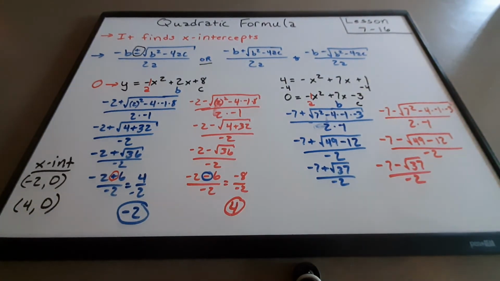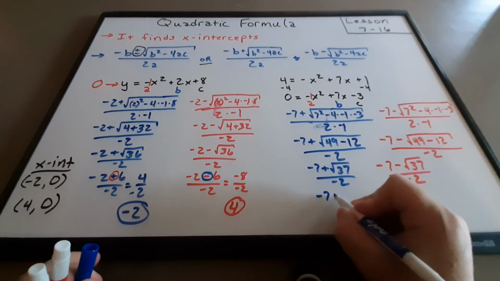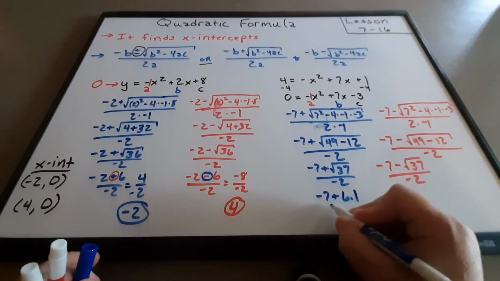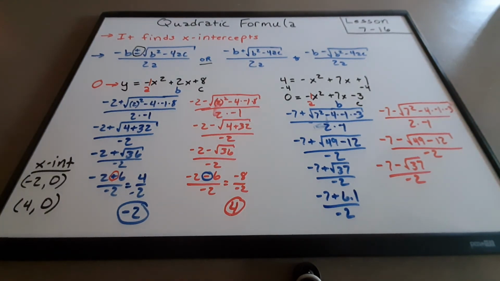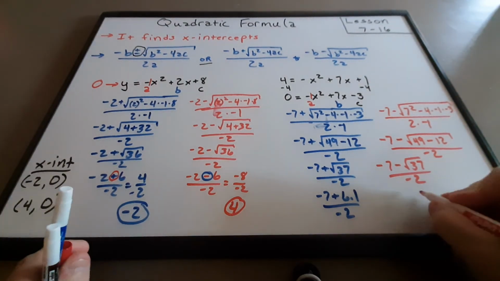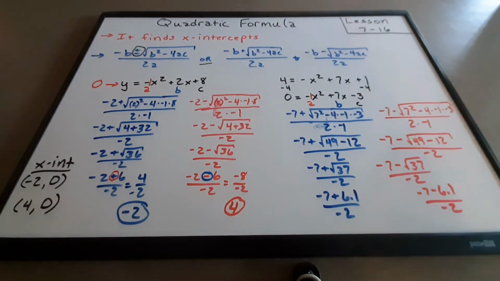Okay, in this situation, the square root is a decimal, so we're going to round it. We're going to say this is negative 7 plus 6.1, which is what my calculator gave me, divided by negative 2. Same problem: negative 7 minus 6.1 over negative 2.